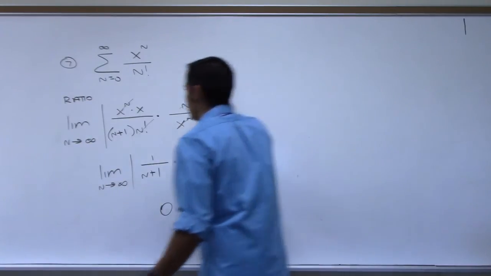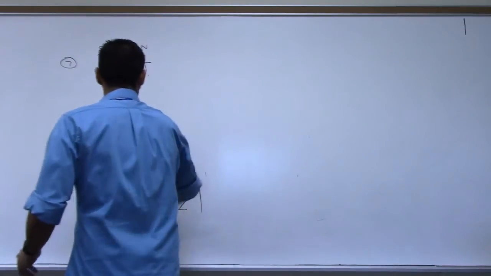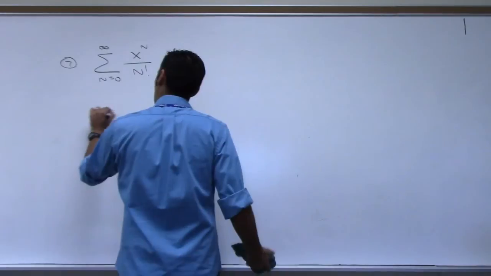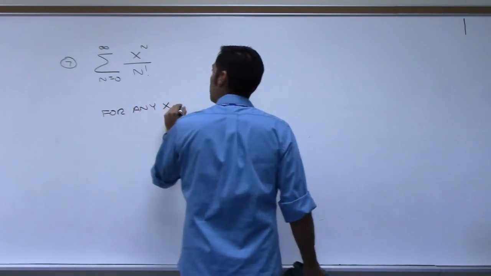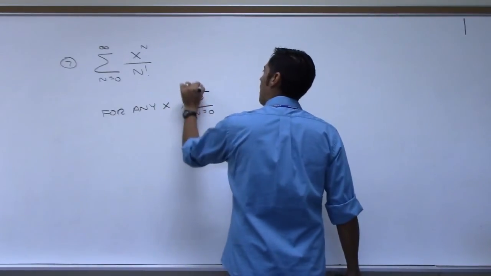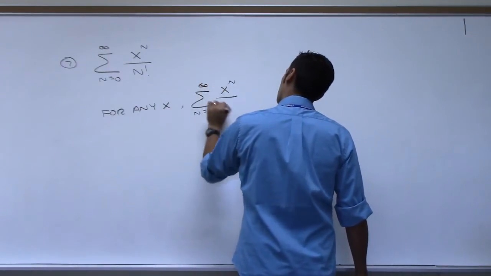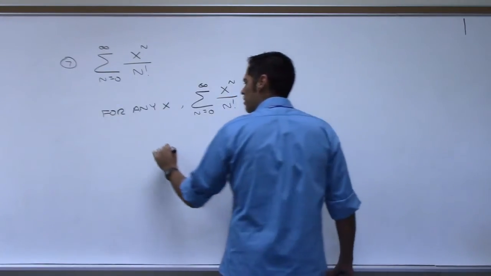That means for any x, the series converges. So what does that mean in terms of the radius of convergence?